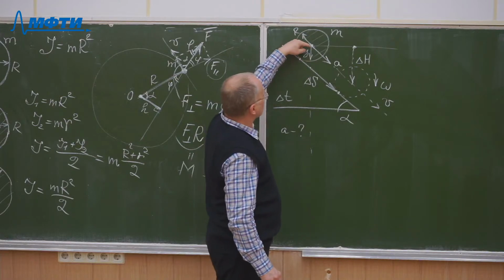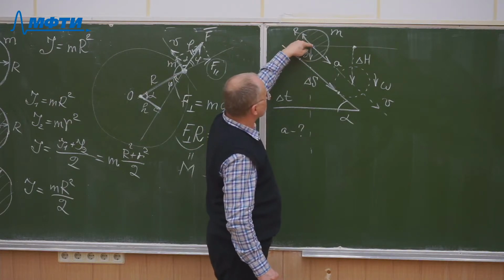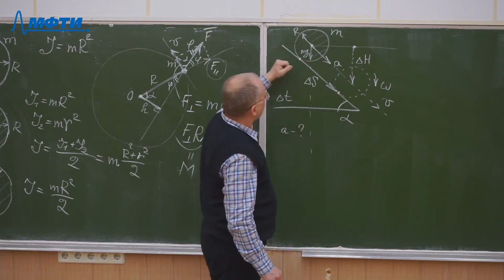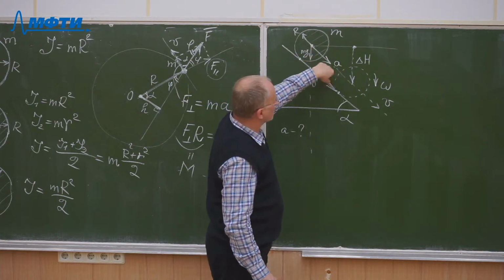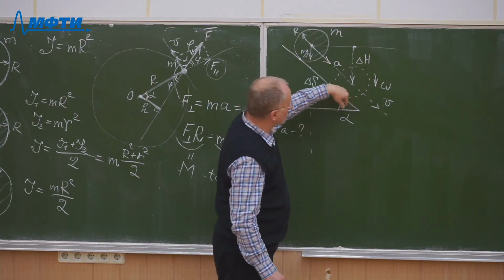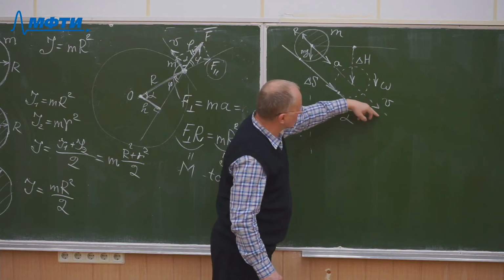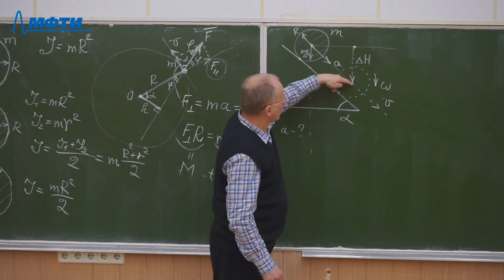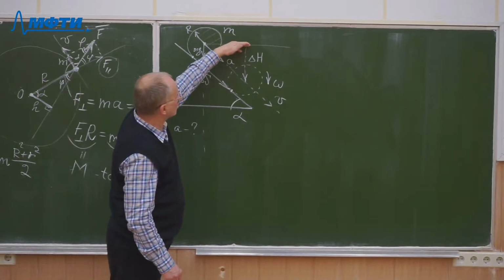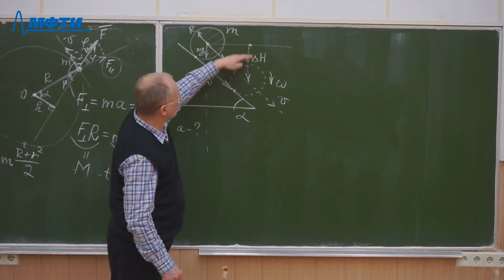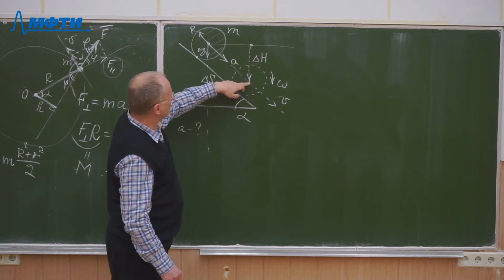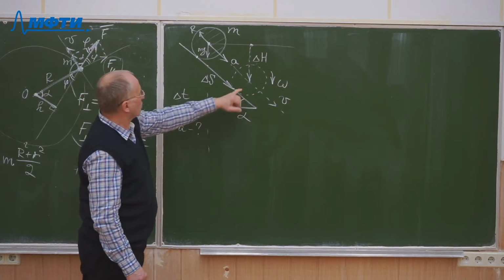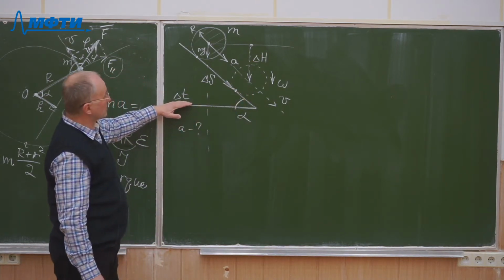And we have to understand that the acceleration of the center of mass is directed parallel to the surface, and that the angular velocity will be directed here, it will roll here, and in some period of time it will have some velocity, and the center of mass will go down from some initial position, down from this altitude delta h to its final position, which will be occupied over time interval delta t.